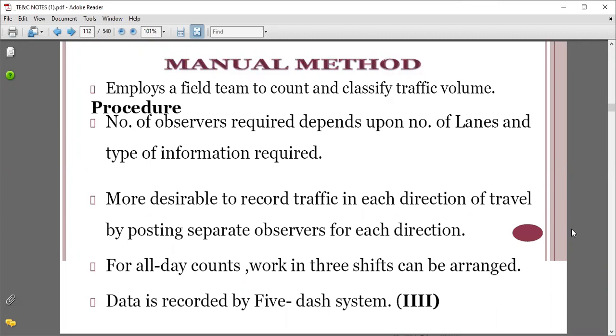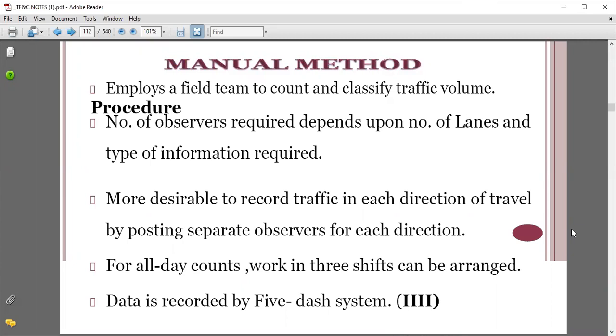After that, if we count in this way, then automatically we'll understand at which time is the peak hour, at what time the traffic volume is more. So it will be understood that within 9 to 10 a.m. or 10 to 11 in the morning, the traffic volume or the number of vehicles on the road is more.